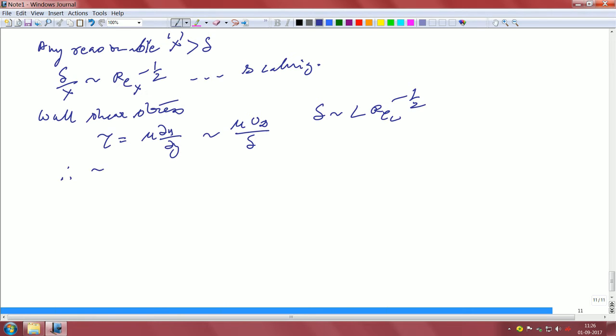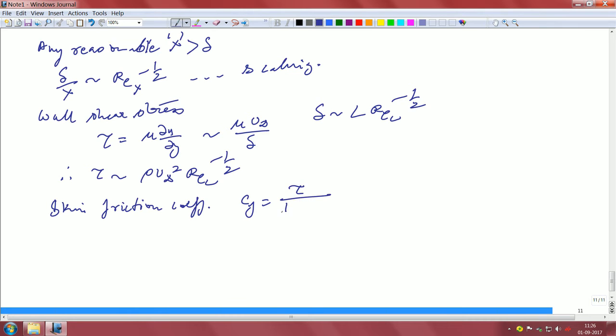Therefore, tau is rho u infinity square into Reynolds number to the power of minus half. The skin friction coefficient, which some engineers talk about, Cf, equals tau divided by half rho u infinity square, which becomes Reynolds number L to the power of minus half.